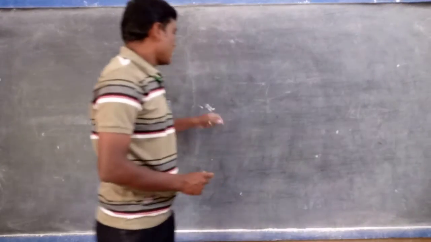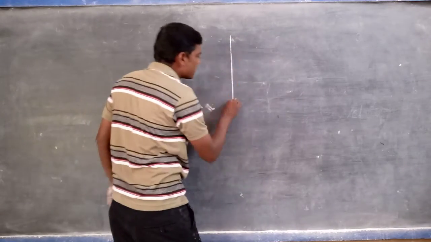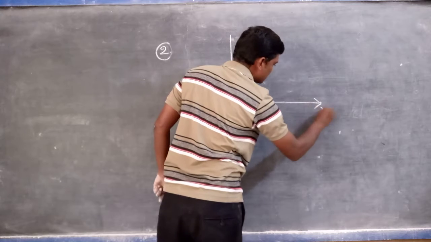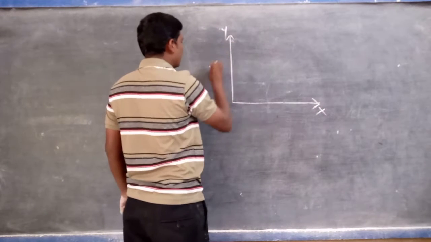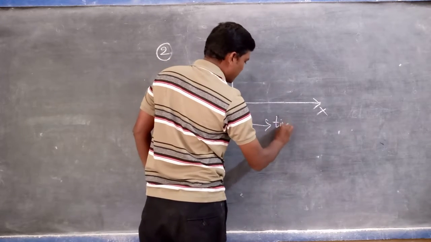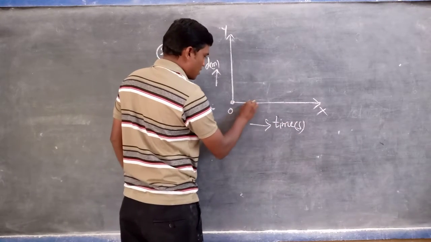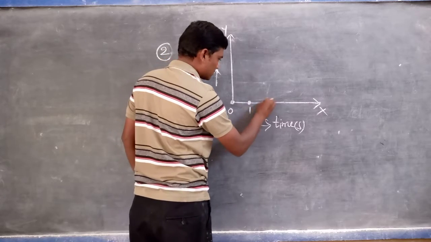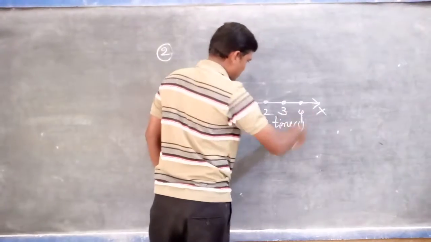But actually, from the slope of the distance versus time graph we can find which one? Speed. Distance in meters, time in seconds. 0, 1, 2, 3, 4.